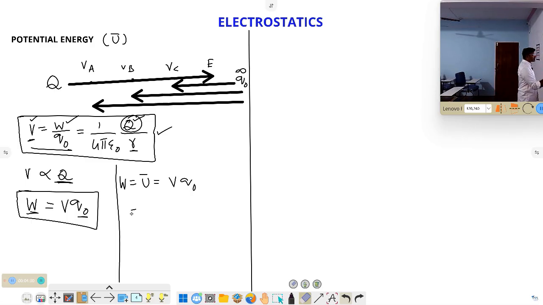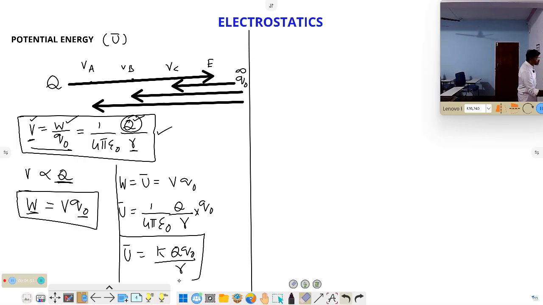V is the potential we already discussed, 1 by 4 pi epsilon naught into capital Q by small r, into Q naught. So the expression is U equal to 1 by 4 pi epsilon naught, which is K, into capital Q small q naught by r. If you observe, this potential energy U is proportional to the product of the two charges, Q into Q naught.